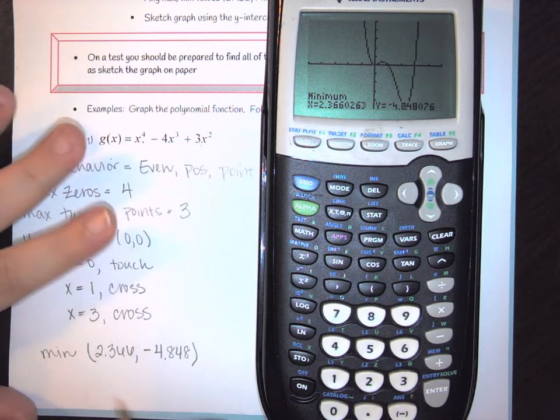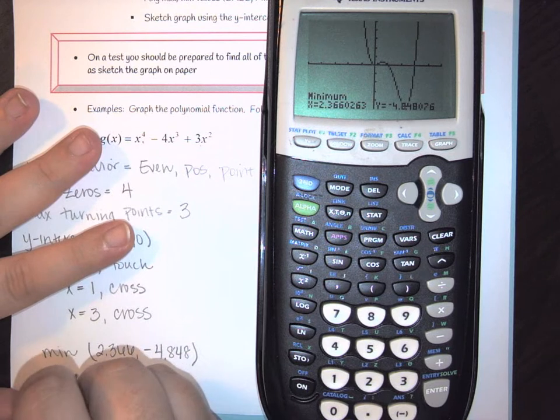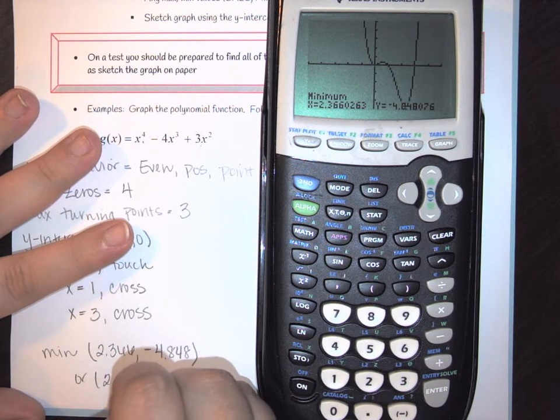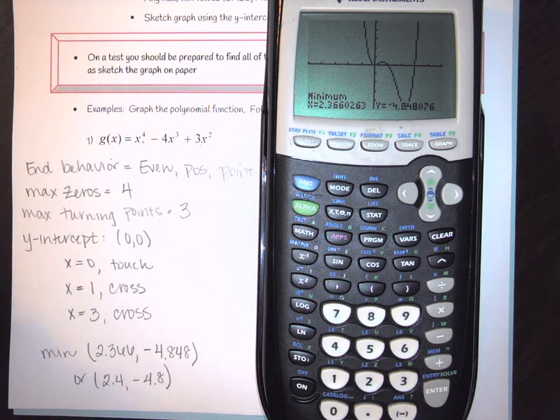Okay. Now you also could have called this 2.4 and negative 4.8. Okay. It's just helpful for being able to graph it yourself.